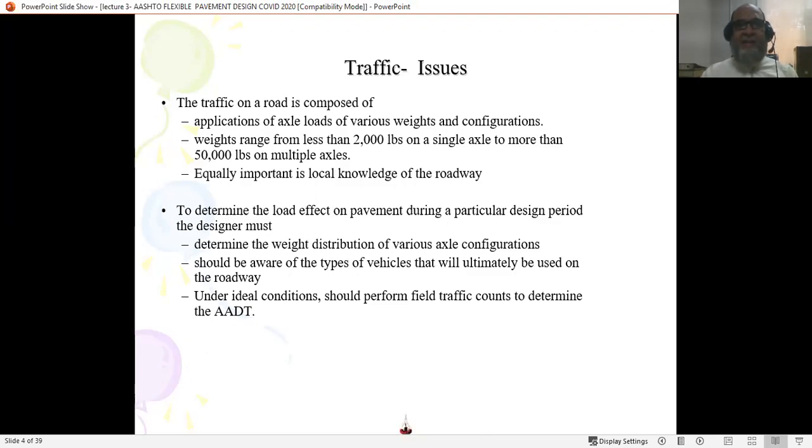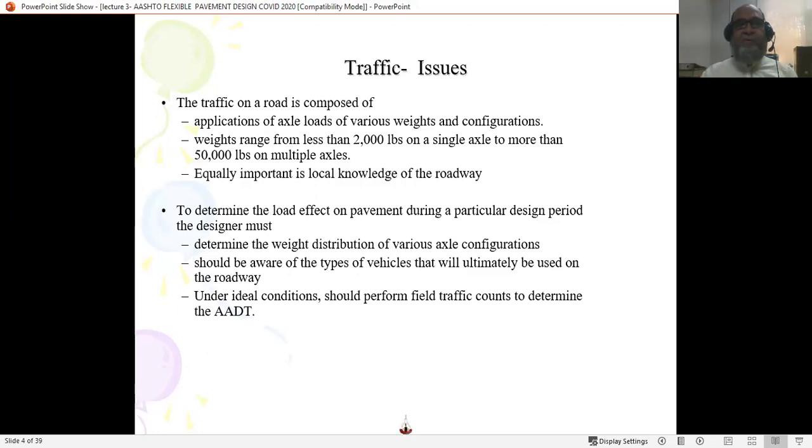Under ideal conditions, you should perform field traffic counts to determine the AADT. I can understand this word is not known to you. The first A means average, the second A means annual, D means daily, and T means traffic.